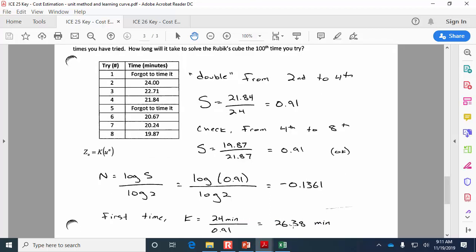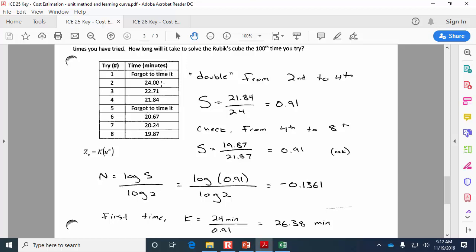So we can kind of back calculate that based on this trend of every time we've doubled our experience, the amount of time it takes is only 91% as long. So it only took 91% of the time to go from time 2 to time 4, and 91% of the time to go from time 4 to time 8.